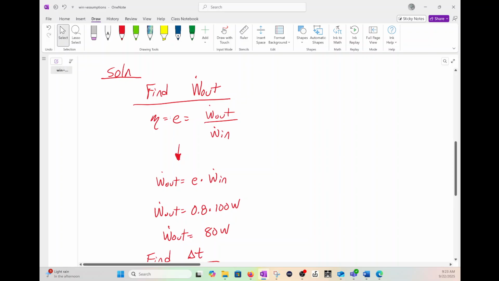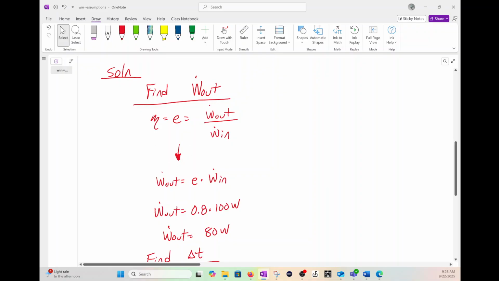Okay, so first, what we're going to do is we need to find the output power, which is denoted by W dot out. And we always start with the fundamental equation that you know, which is efficiency is output over input. And then rearrange that equation. That's why I like the arrow here.